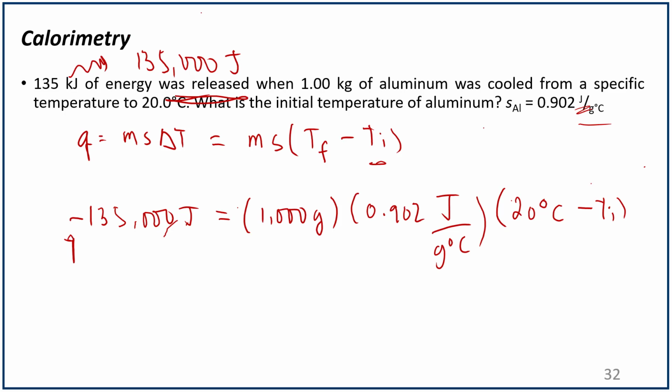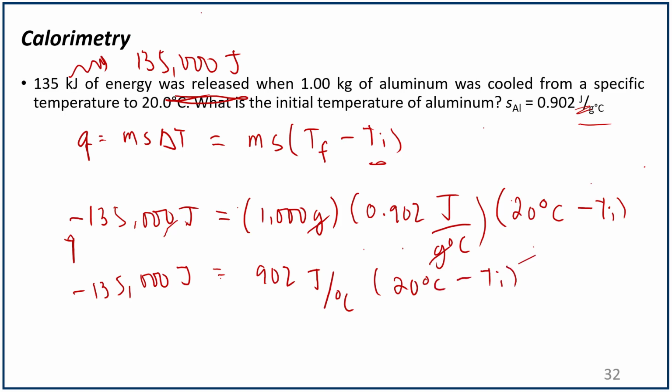Don't forget this sign, by the way. Again, the problem tells you that energy was released, so Q should be negative. It will end up to be negative 135,000 joules is equal to 902. The units that will cancel out are grams, so this will be joules per degree Celsius times 20 degrees minus Ti, which is unknown.